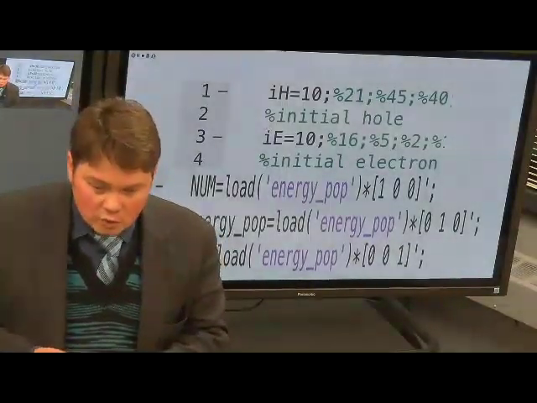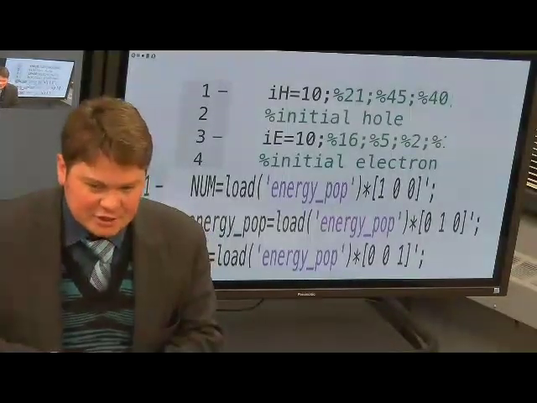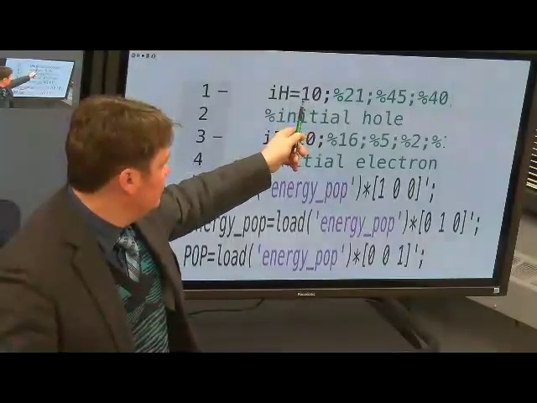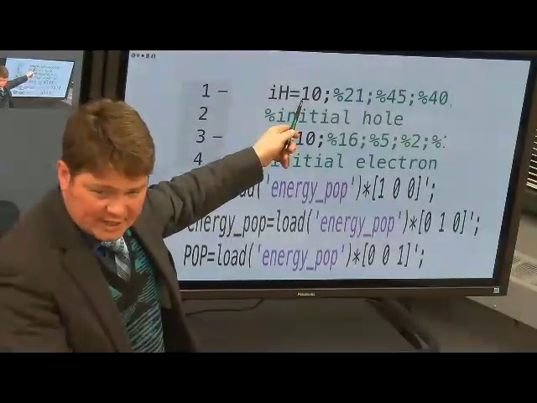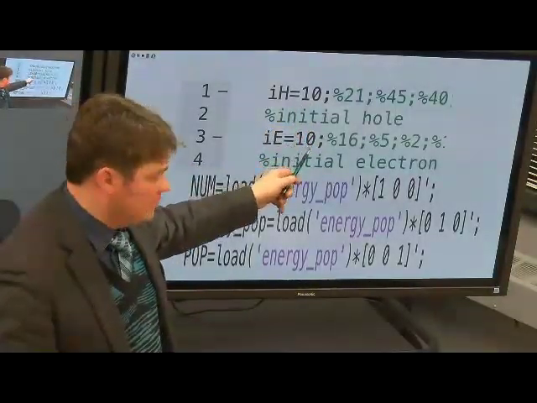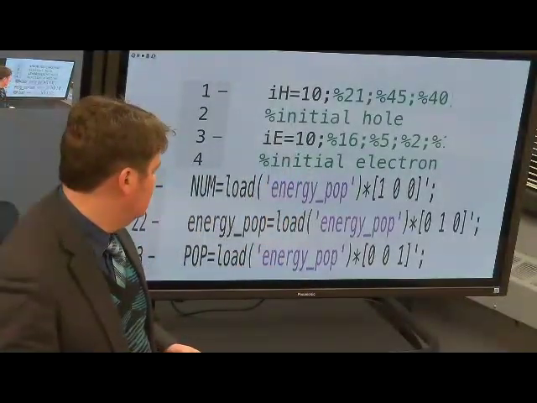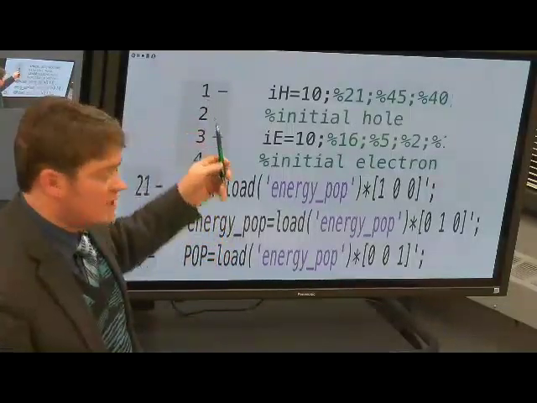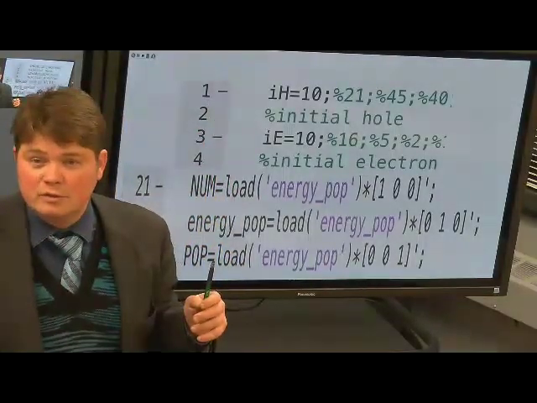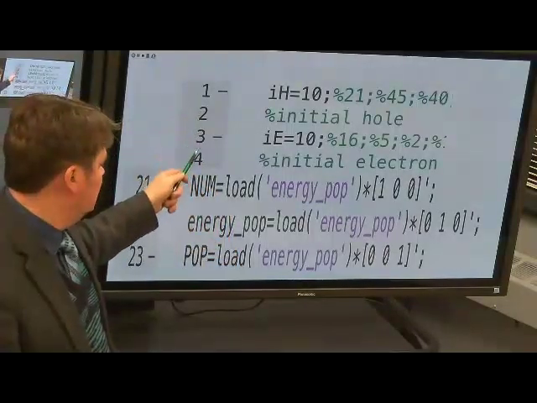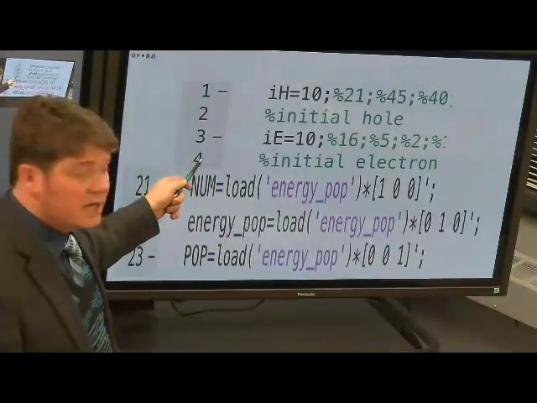So in order to specify the initial excitation, we tell how many orbitals below the HOMO we take the electron from, and how many orbitals above the LUMO we place the electron. That is the electron-hole excitation. Then, same as in what John was doing, the leftmost part is the line of the code.